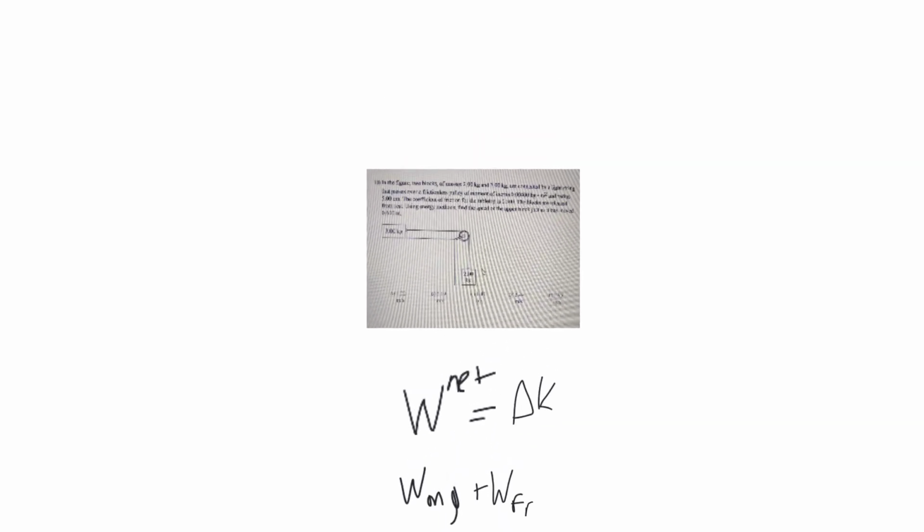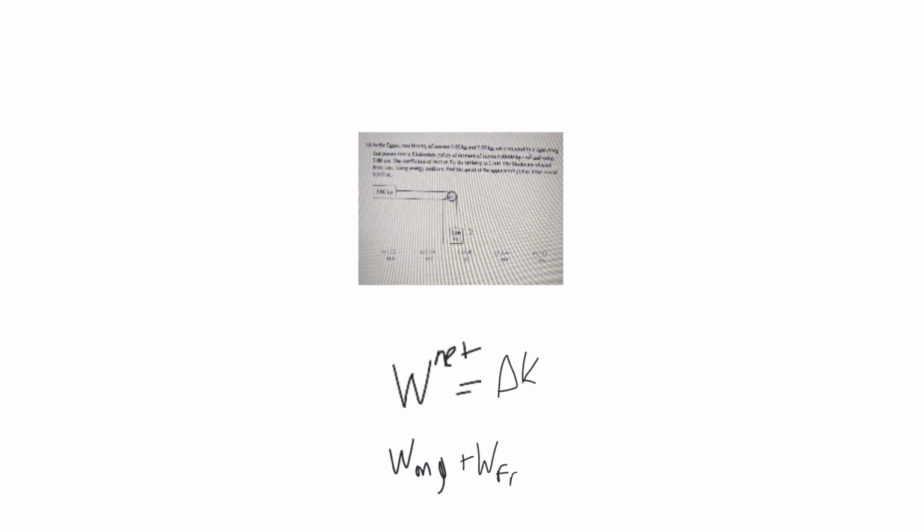And now we start looking at what other works to look at. So we're going to start with the weight force, because this weight force is only acting on this block.